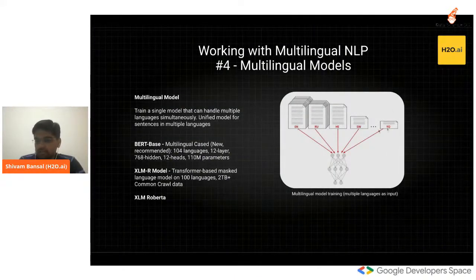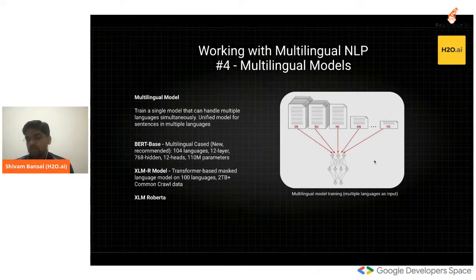One major problem we faced in combining this data was a lot of imbalance, because English text is obviously much larger compared to some low-resource languages. So we did a lot of undersampling of English, and a lot of text-based augmentation for lower-resource languages to make it balanced.